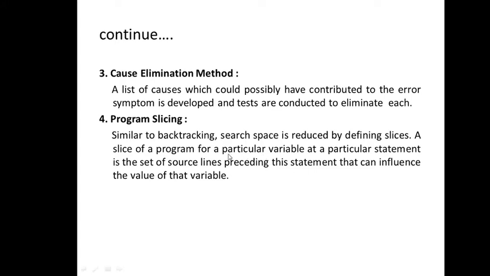A slice of a program for a particular variable at a particular statement is a set of source lines preceding this statement that can influence the value of that variable, right? So almost similar to backtracking, we have just reduced the scope of source lines that need to be backtracked.